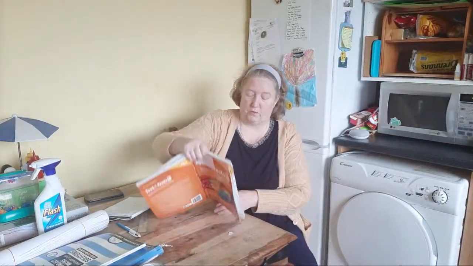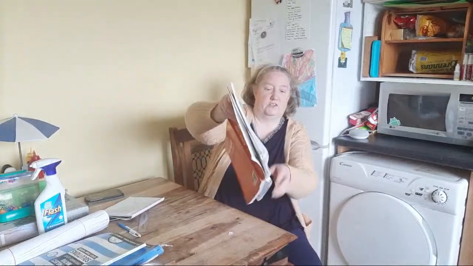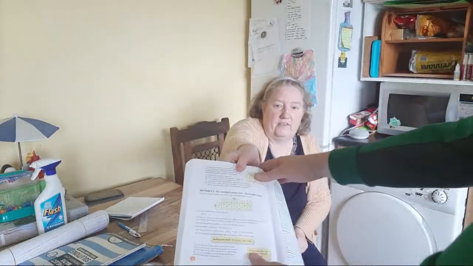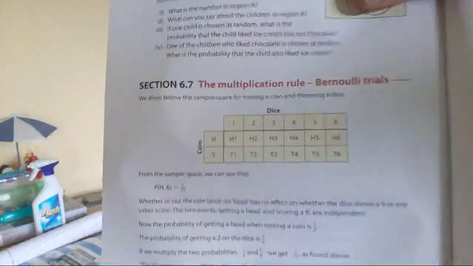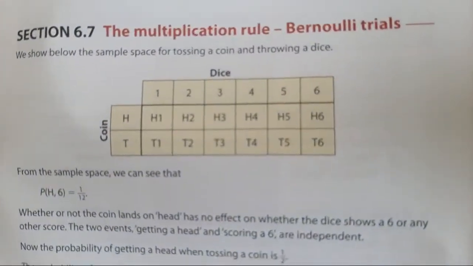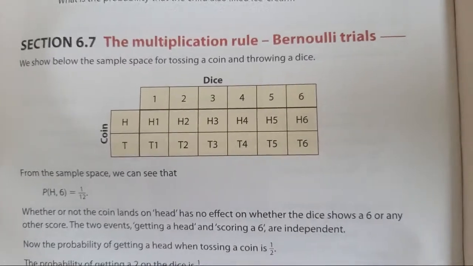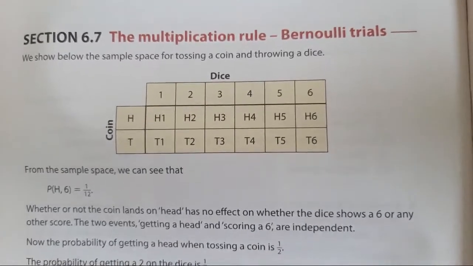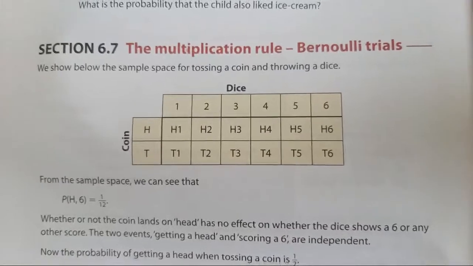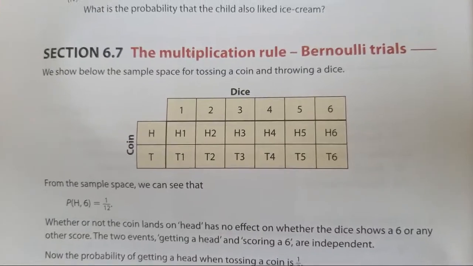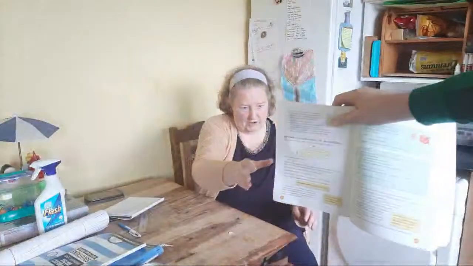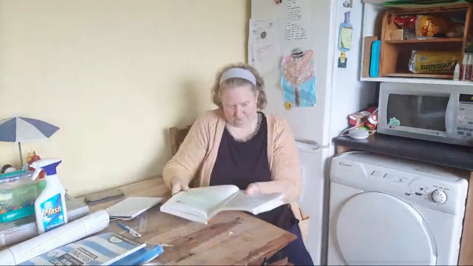So just have a quick look at just that thing there, and then I'll go through it. Coins, dice, heads, tails, 1 to 6, and then the combinations possible.